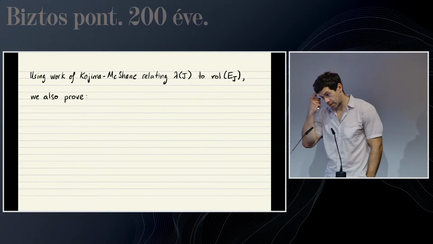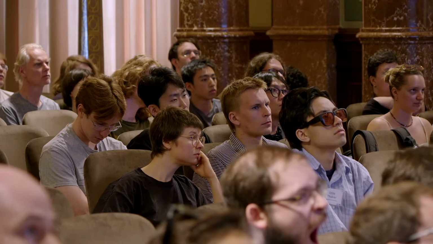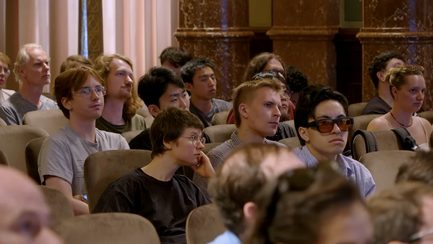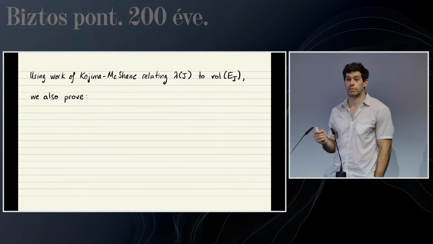So I'll say one last thing, which is that there's been a lot of work relating the dilatation of monodromies of fibered knots to the volume of their complements, to the volume of the corresponding mapping tori.